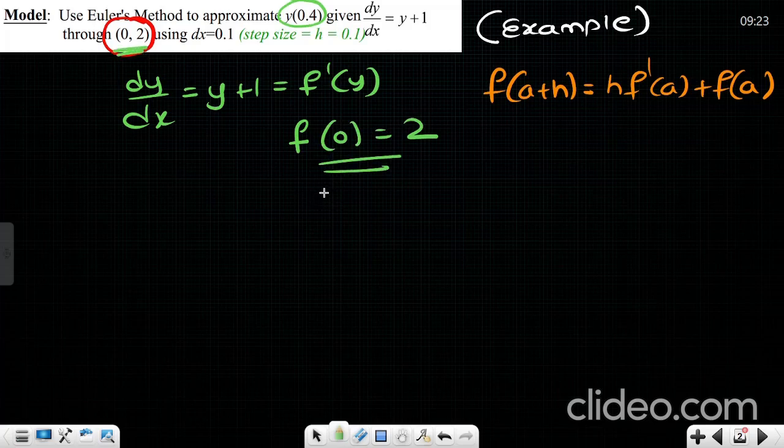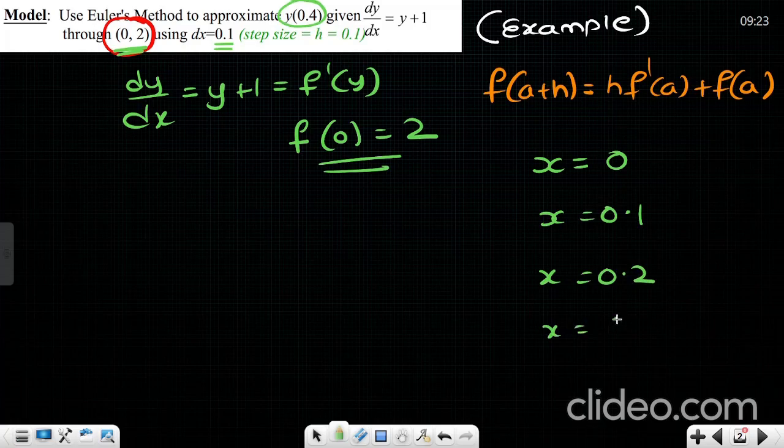So let us use it. Next, the intervals or steps they have asked us to take are 0.1. So the first x value will be 0, the second x value will be 0.1, the third 0.2, the fourth 0.3, and the fifth 0.4. So you have to go till 0.4.